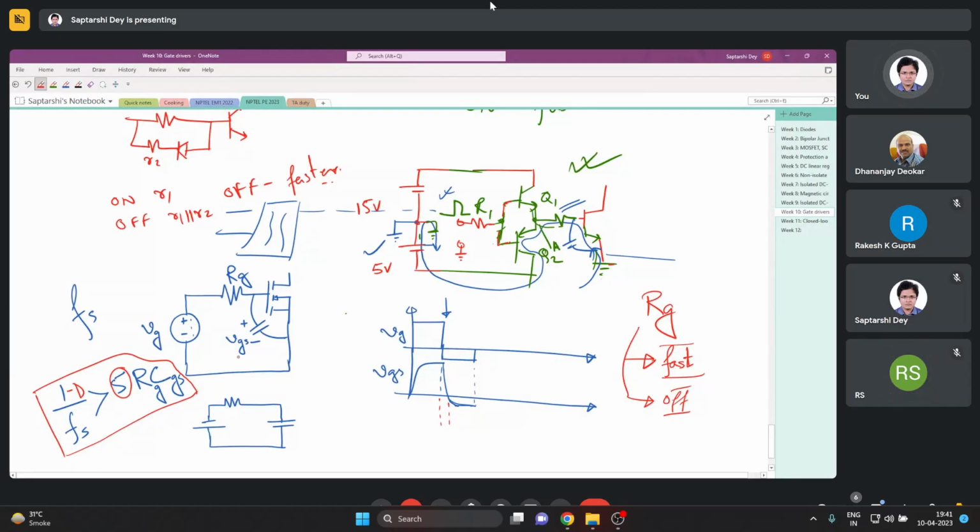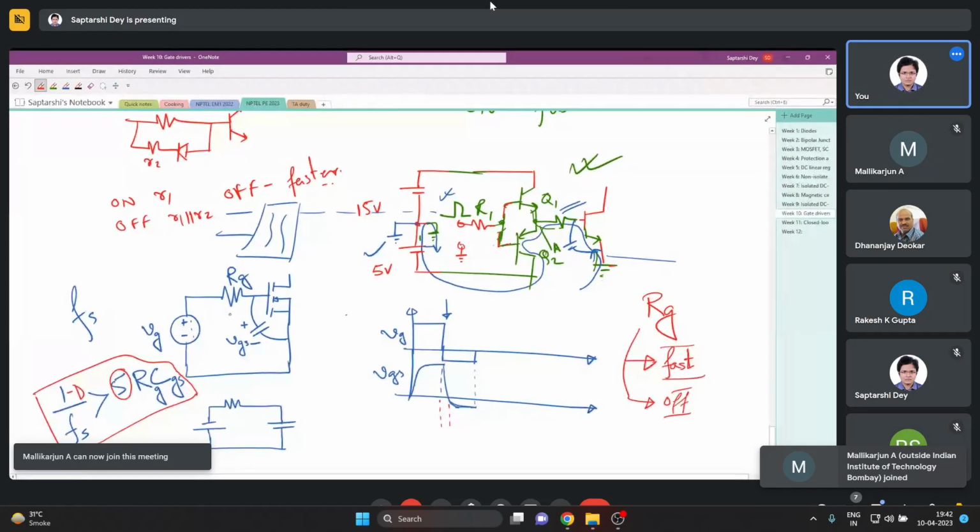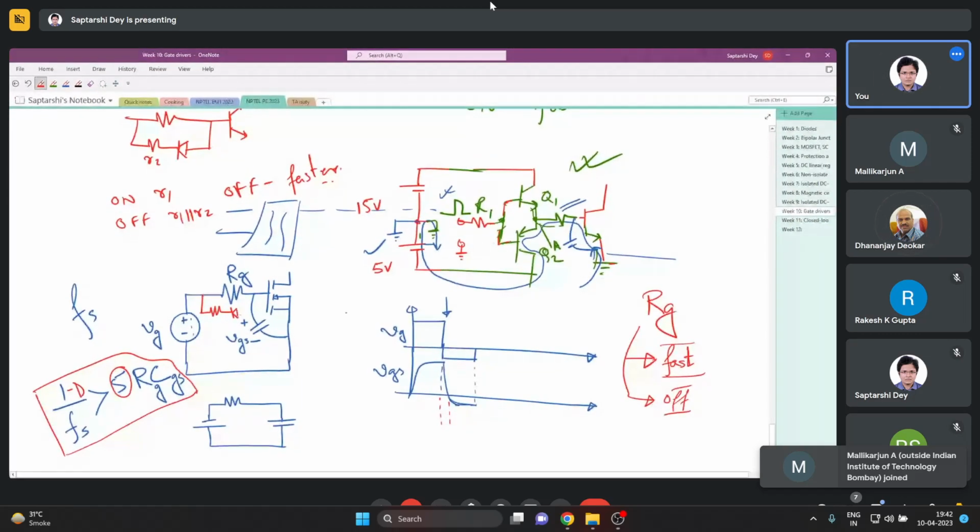Now if you see that you cannot fulfill these two criteria with one resistance, what you can do is have this kind of circuit.